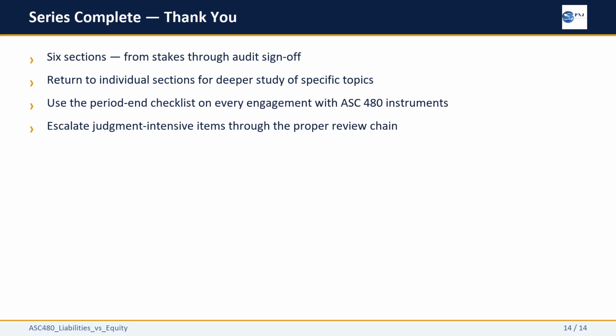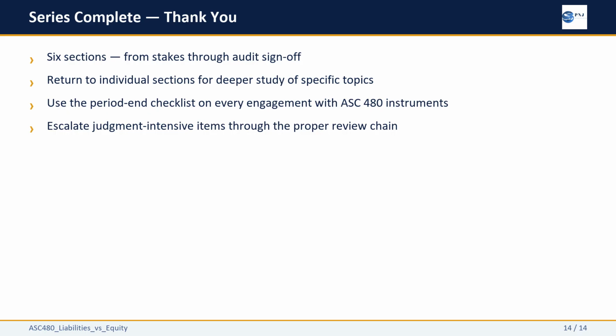restatements. You have completed the full ASC 480 Distinguishing Liabilities from Equity training series produced by PNJ Group. Across 6 sections, we covered the financial statement stakes of misclassification, the 3 liability categories, the fixed for fixed equity test, measurement and mezzanine equity, journal entries, presentation, disclosures, and audit expectations.